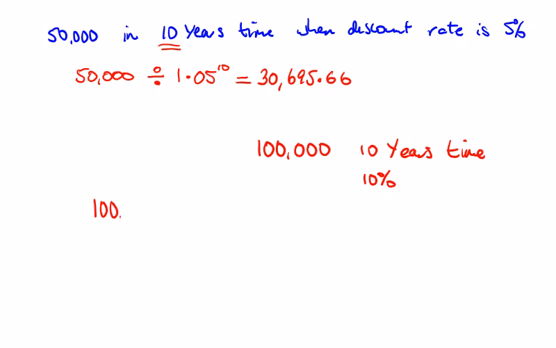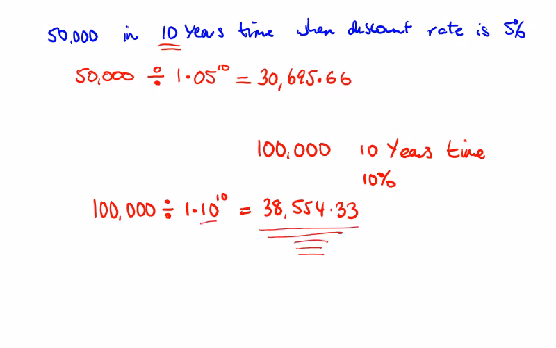So 100,000 divided by 1.10 to the power of 10, that's going to give you 38,554.33. So you can see the power of having 38,000 euros now. If you could put it away for 10 years at 10% interest rate, you would have 100,000 euros in 10 years' time.